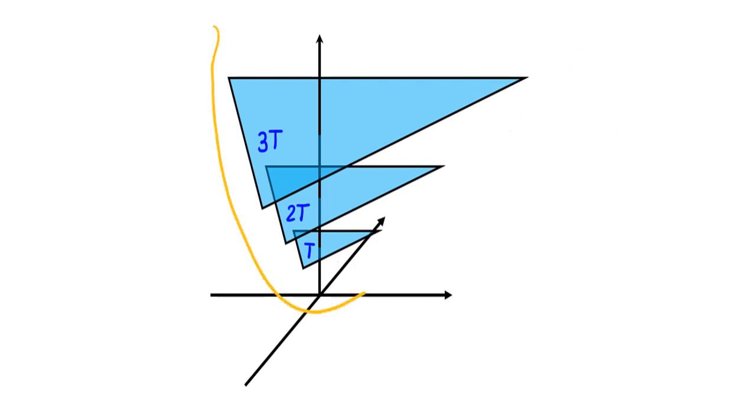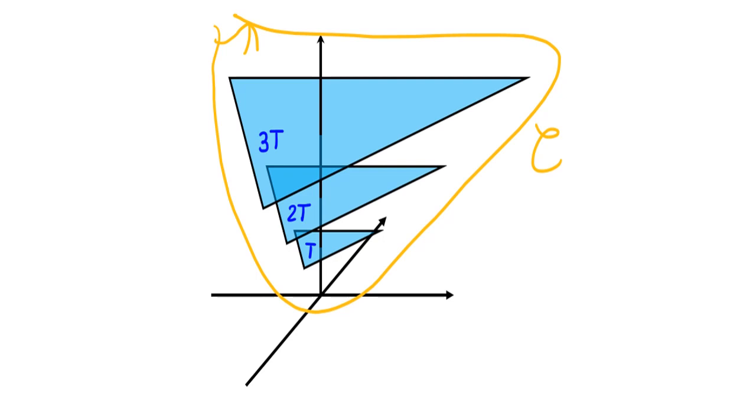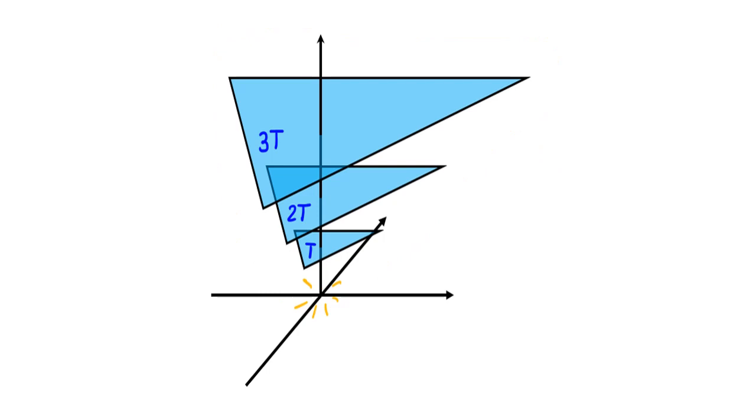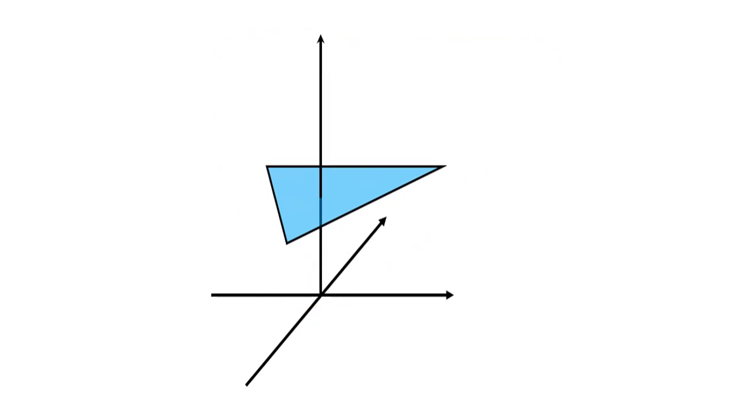With that, we're now ready to collect all these points into a bag, and let's name this collection C. But here's one thing. We also include the origin in our collection, just like we included the empty tiling in the previous example. And with that, we are ready to move on to the second step.